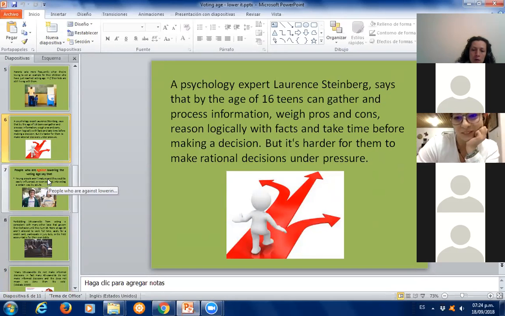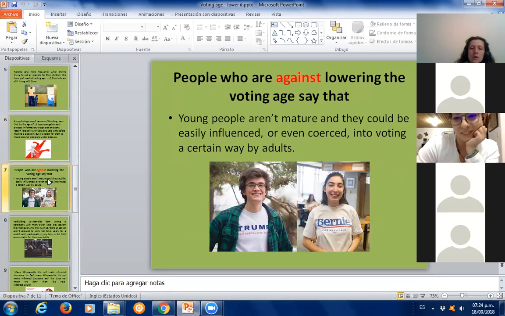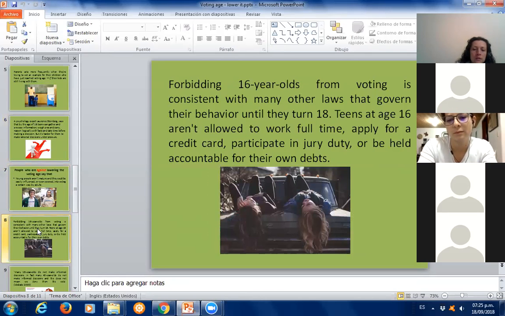Regarding the cons, I also found out that some people are concerned about the maturity at that age. So people do not consider that at that age people are mature enough to take those decisions. Also, that at that age, people do not have big responsibilities.